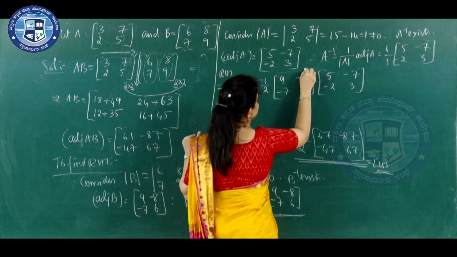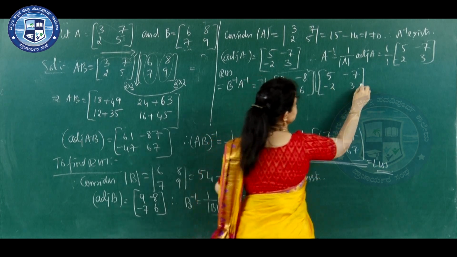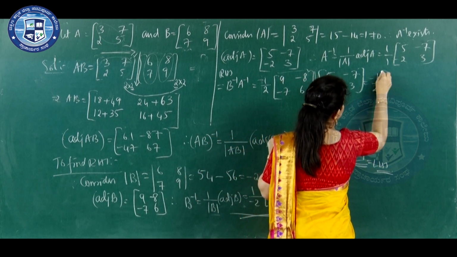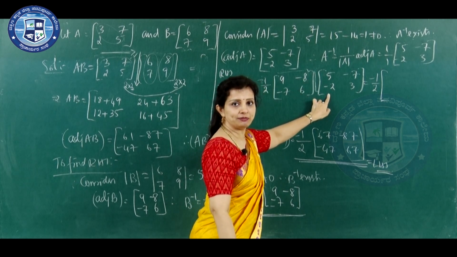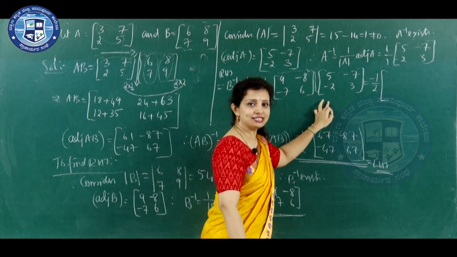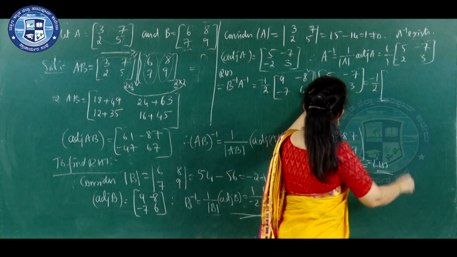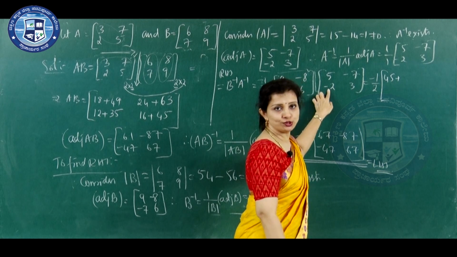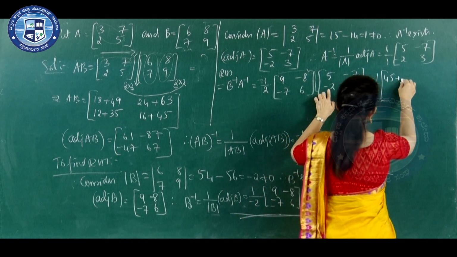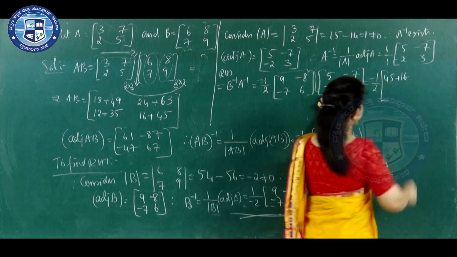What do we get? Which is minus 1 by 2 into, first row elements are multiplied by the corresponding elements of first column. 9 into 5, 45, plus minus 8 into minus 2, minus of minus, plus 16.